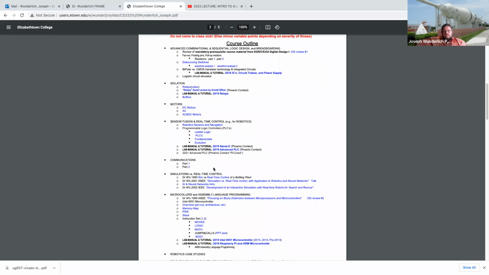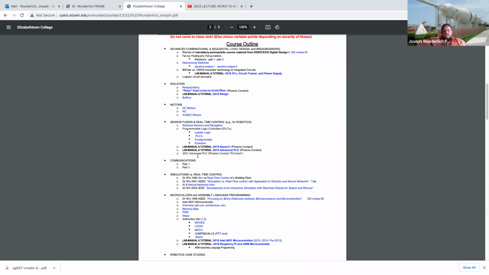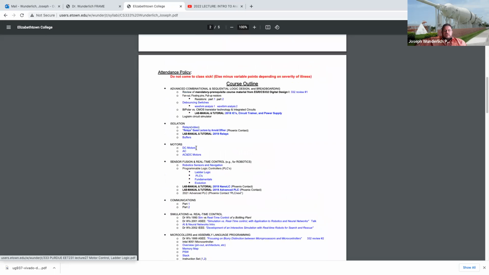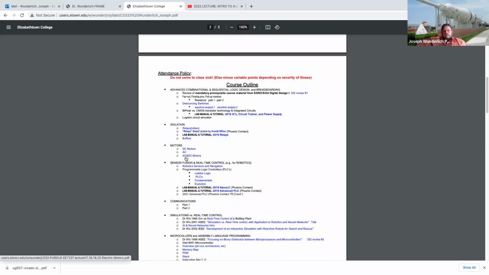Some of the simulation we talked about. This communication is getting bumped up to 433. Now it's going to be called 430, which is Advanced Computer Engineering, part of the parallel processing and interprocessor communication. The sensor fusion stuff, some of that's in the robotics class already. It's going to get ported into the new course. I won't do the AC motors stuff anymore.